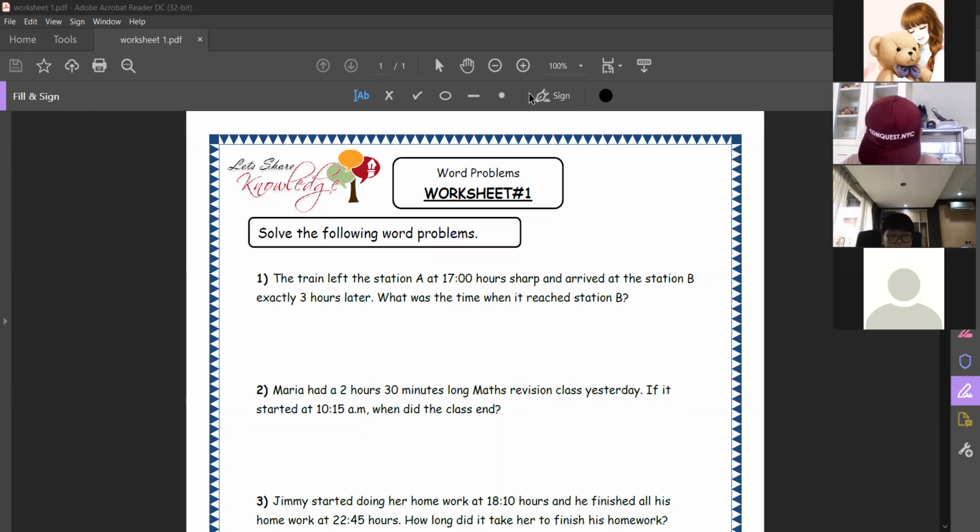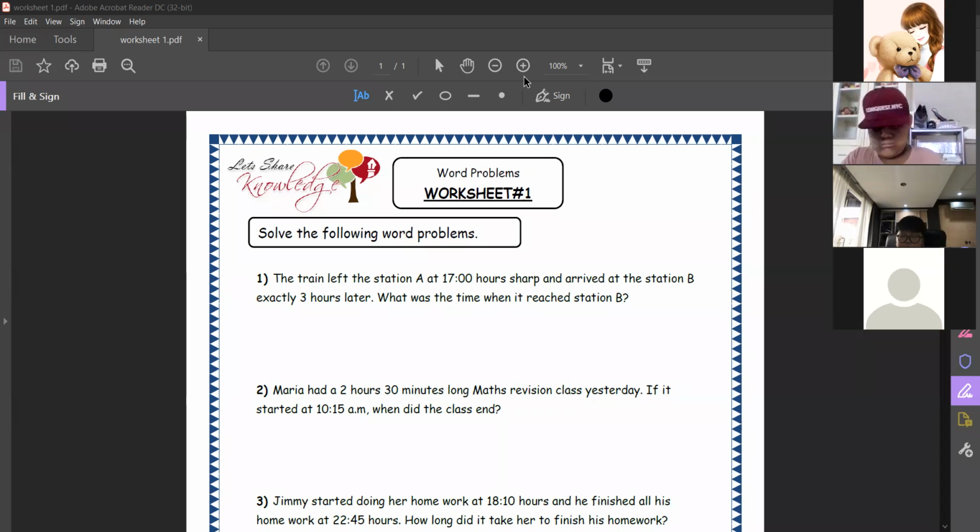The train left the station A at 17 hours. 17 means what time, class? 5 o'clock. And arrived at the station B exactly 3 hours later.